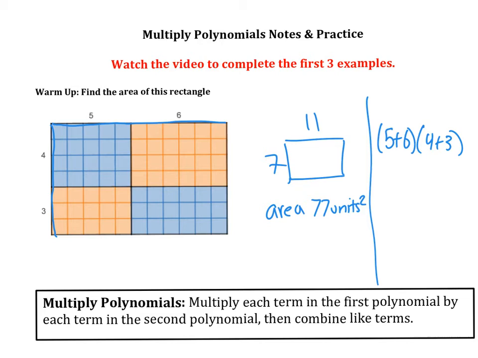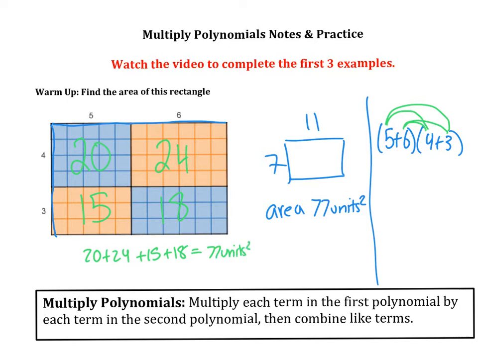I would need to do the 5 times the 4 to get this area of 20, the 5 times the 3 to get this area of 15, the 6 times the 4 to get this area of 24, and the 6 times the 3 to get this area of 18. If I add all of these together, then I can see that my area is once again 77 units squared.